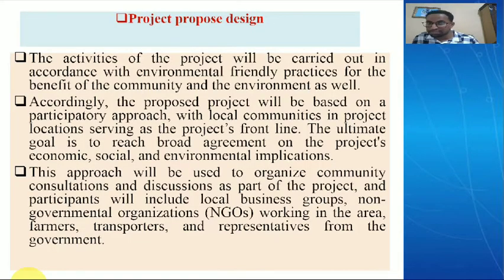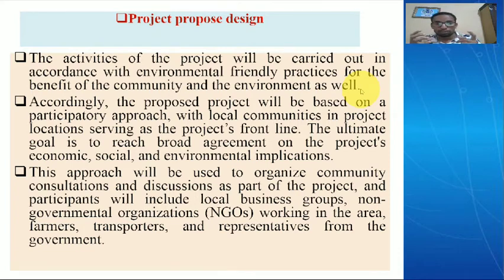So this is the project design we have adopted in our project. The project design states that the activities of the project will be carried out in accordance with environmentally friendly practices for the benefit of the community and environment. How? Because any activity implemented under our project will be environmentally friendly practice. What does that mean?